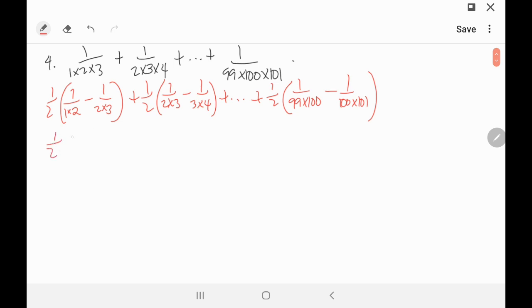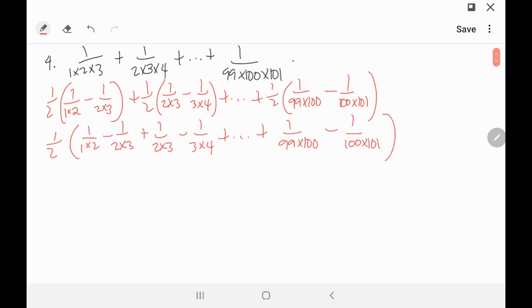So we factor out 1 half, and then inside will be 1 over 1 times 2 minus 1 over 2 times 3 plus 1 over 2 times 3 minus 1 over 3 times 4, and so on up to 1 over 99 times 100 minus 1 over 100 times 101.